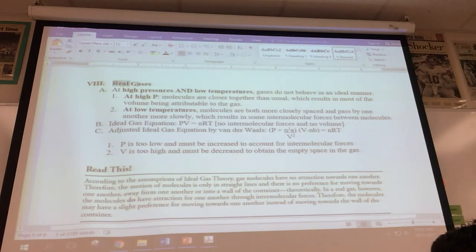Real gases. When we talk about gases, we talk about ideal gases, the ideal gas law. However, certain conditions don't really allow gases to behave in that manner. And these conditions are exactly what you find in my classroom. High pressure, low temperature. There's no class more stressful.